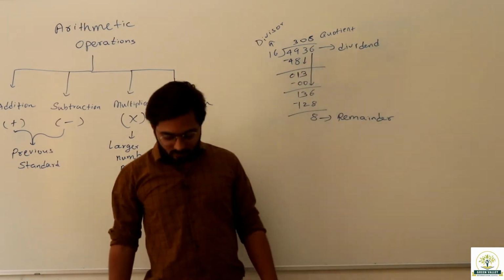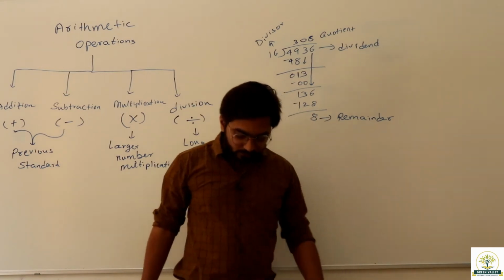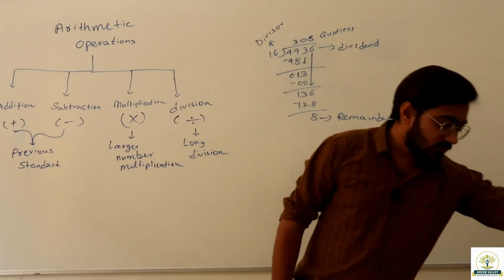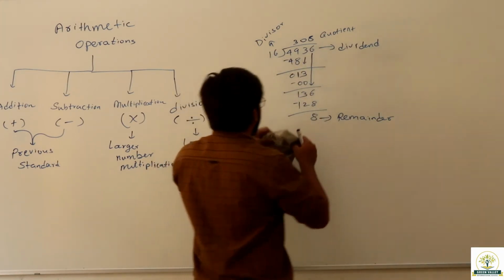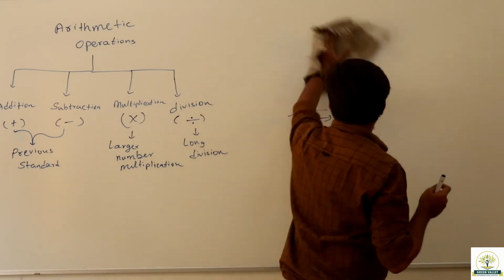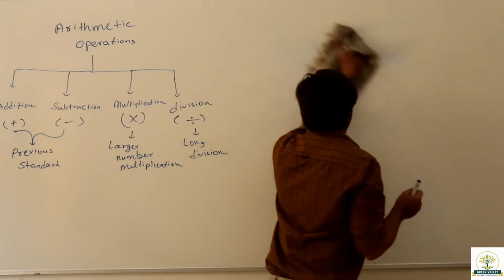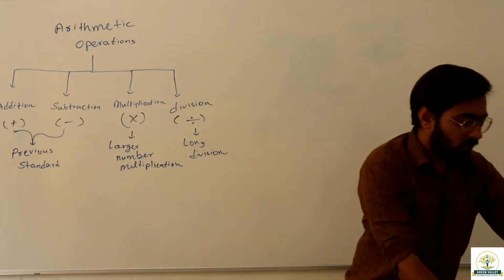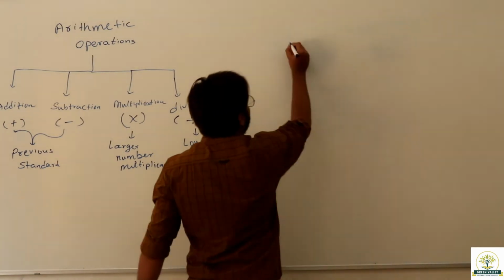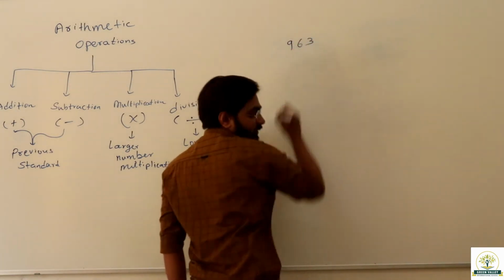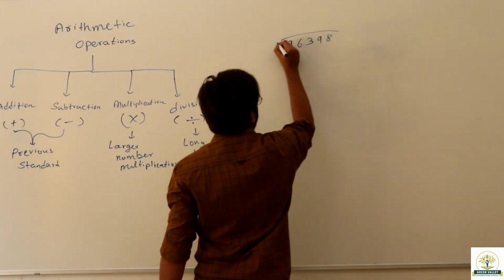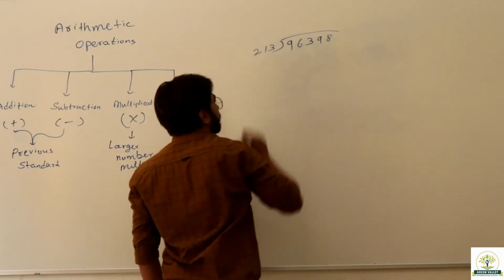Okay, this is the concept of division. Now we'll do larger number divisions. We will do one example and rest of the examples you will try to solve on your own. Let me take this example. 96398 divided by 213.